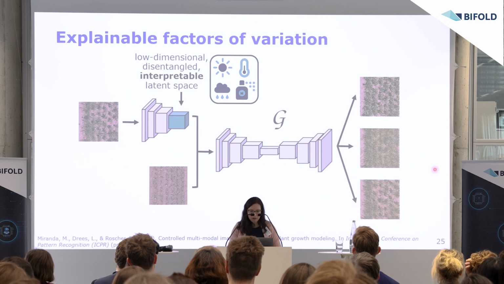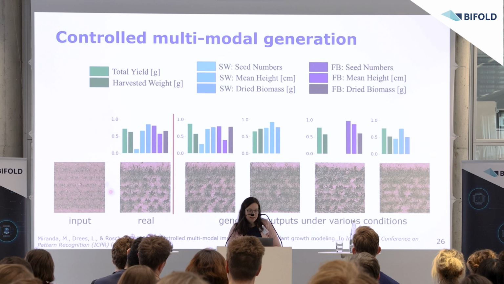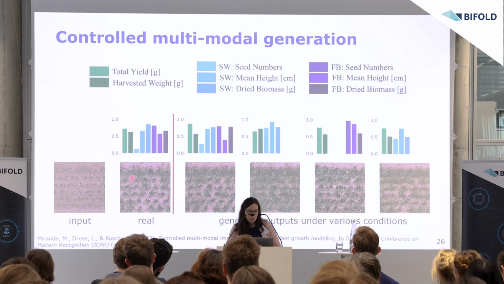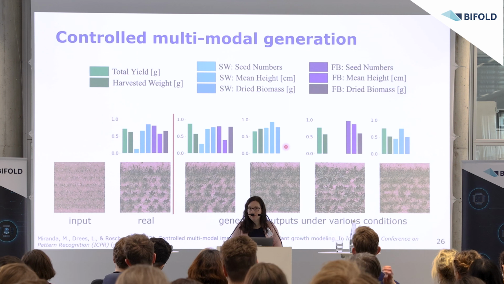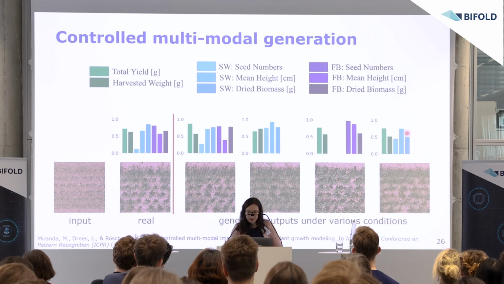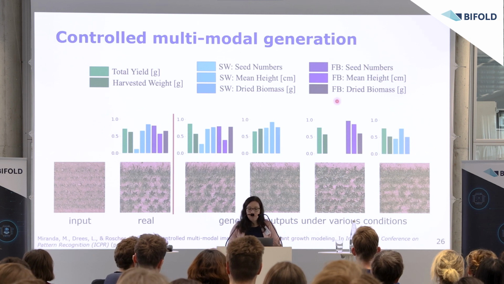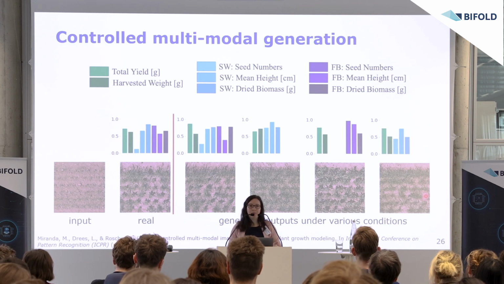the environmental factors. Just to show you one example, this is the input image from our field. This is the real appearance of faba bean and spring wheat, and this is what we measured in the field. And now we change the factors of variation. For example, in the very right image, we set all the faba bean factors of variation, like the seed number and the mean height, to 0. And in the generated image, there's no faba bean.